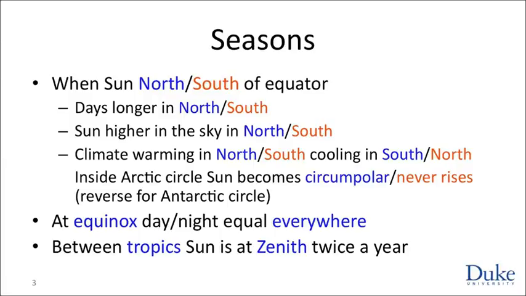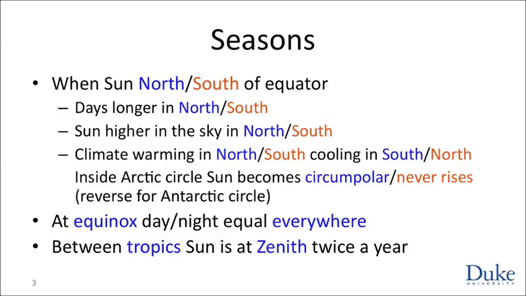For precisely 6 months, so long as the sun is north of the celestial equator, the sun never sets at the North Pole, and the sun never rises at the South Pole, and then the inverse is true when the sun is south of the celestial equator. And twice a year, at the equinox, March and September 21st, day and night are of equal length everywhere.